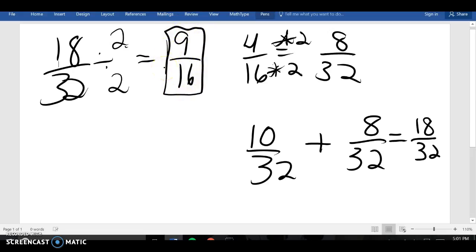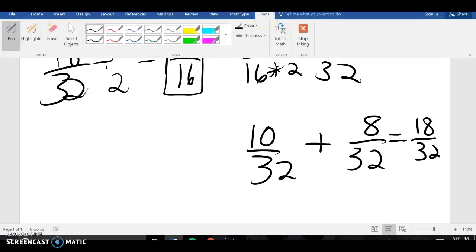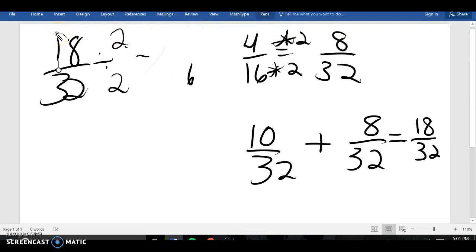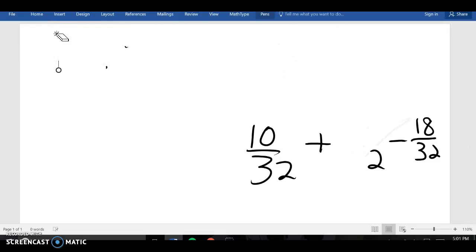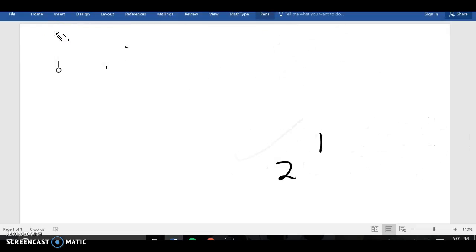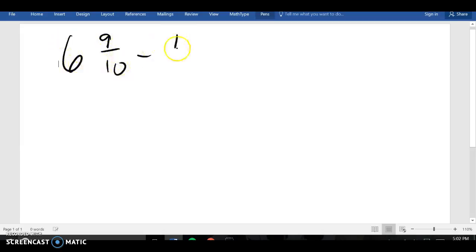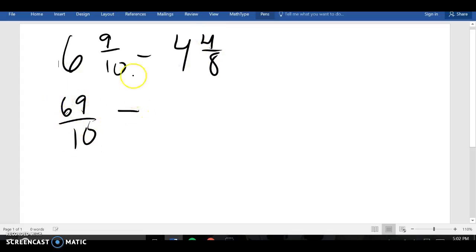Okay? So let's try one with subtracting fractions or mixed numbers. Okay, so now we've got 6 9/10 minus 4 4/8. So our first step for this one, because it's a mixed number, we want to make sure it is an improper fraction because it makes it way easier to work with.